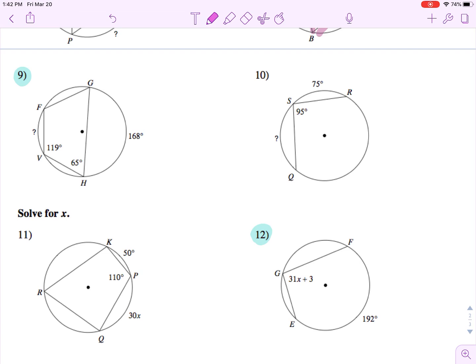All right, let's look at number 9. This one's a little complicated. Okay, so we know that arc GH is 160 degrees. So I'm going to write that down. We need to find FV.